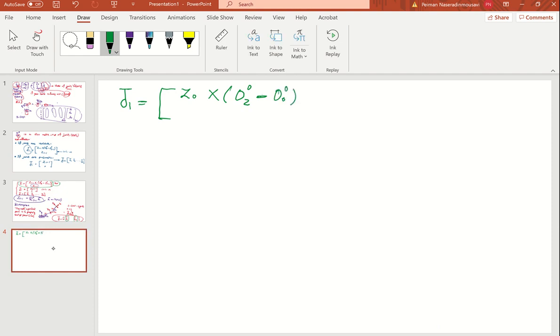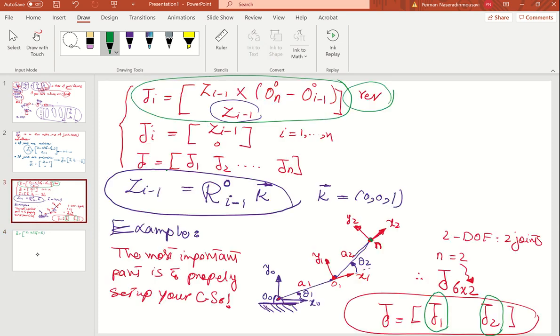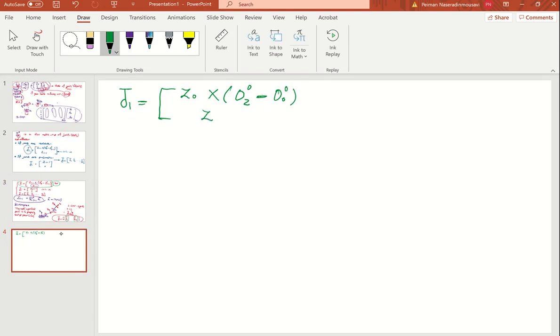O0 with respect to 0. And here again, i minus 1, i is 1, so it's going to be Z0. You have to do the same. And J2 is Z(i-1), i is 2, so Z1 cross product of O2 with respect to 0.